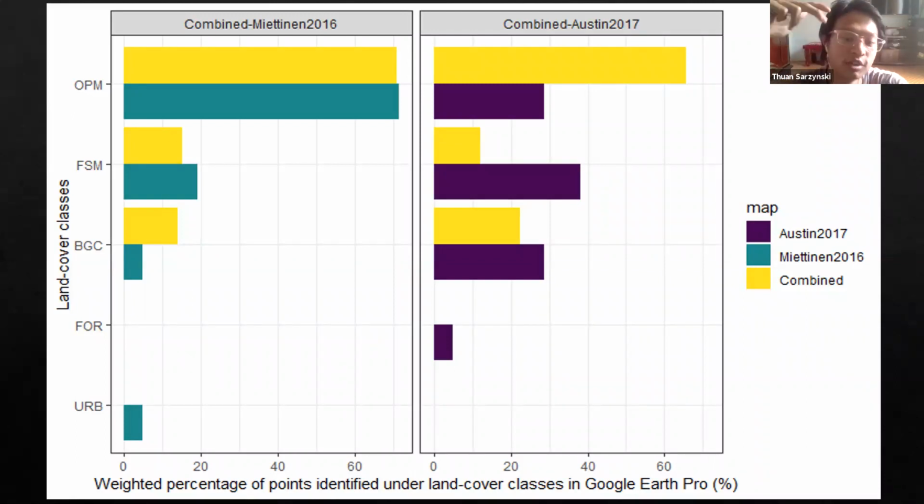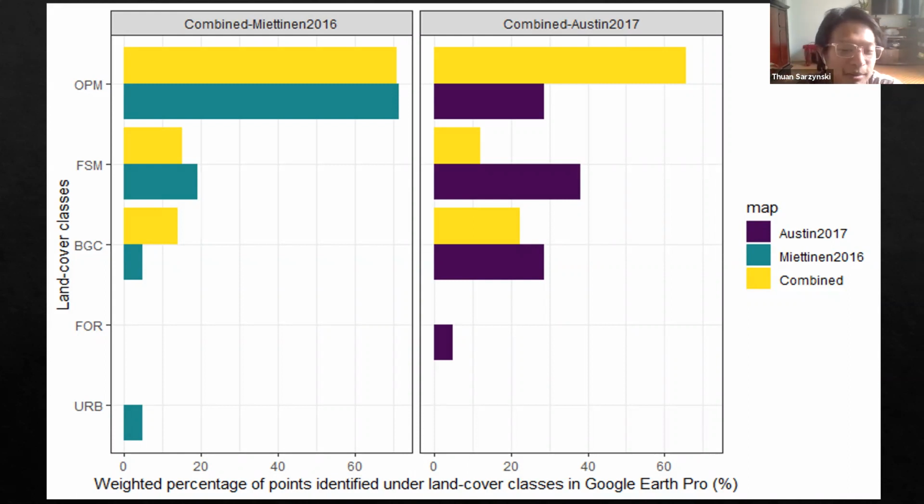And then we visually checked what the land cover was at this point in 2015. Then in an Excel table, we recorded whether the Austin map was right or the combined map was right, or for the Mittinen and combined, whether the combined was right or the Mittinen, right?